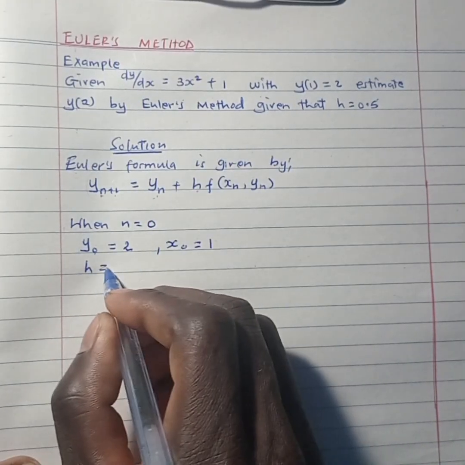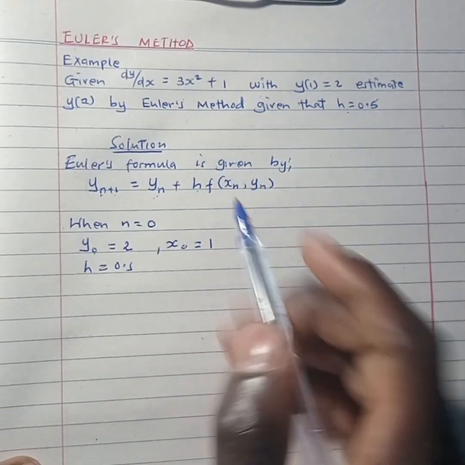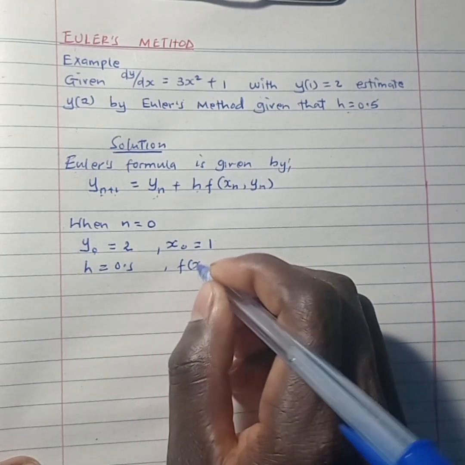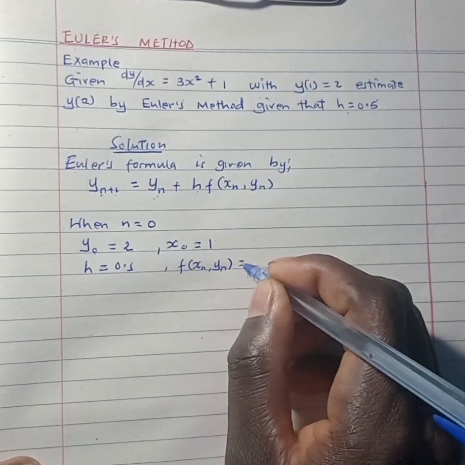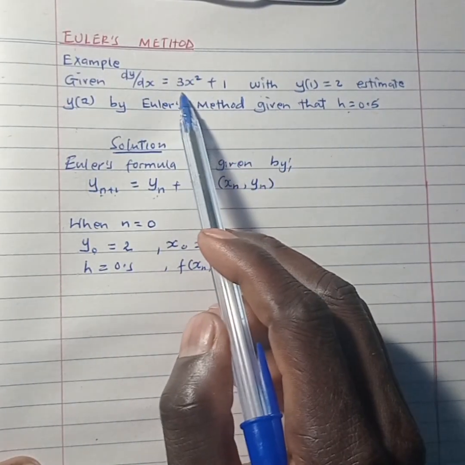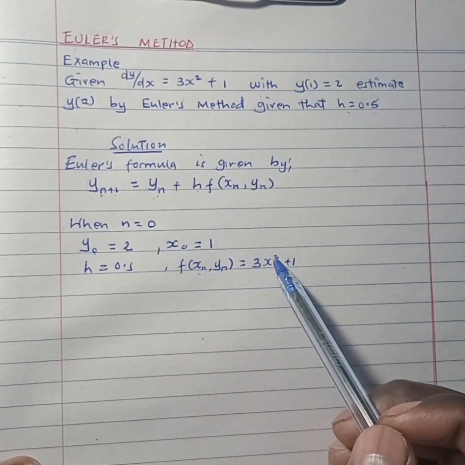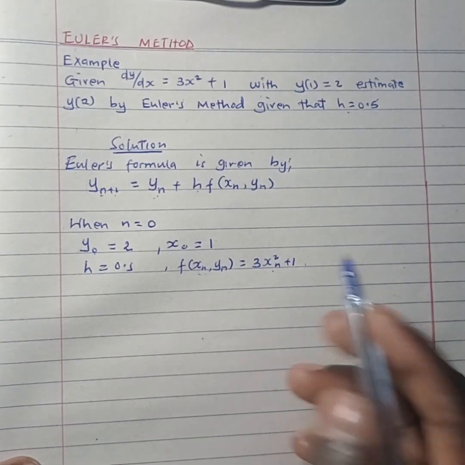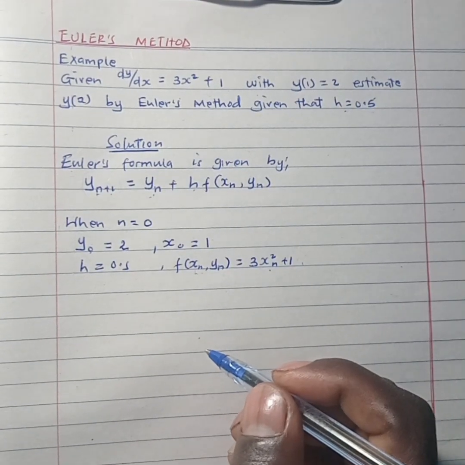Then h is equal to 0.5, and our function f of x n comma y n is equal to 3 x sub n squared plus 1. As from the equation, this will be our function f.